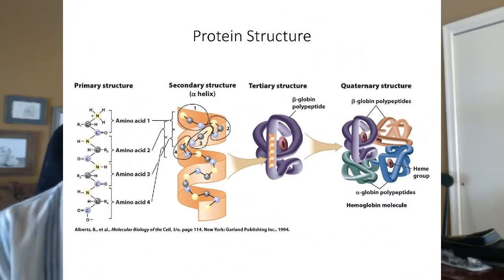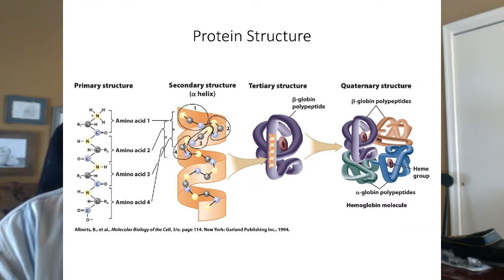Of course, the amino acid sequence that's dictated by the DNA and therefore the messenger RNA only indicates the primary structure or the primary sequence of the peptide or protein. And so you can see here's a 4 amino acid peptide.